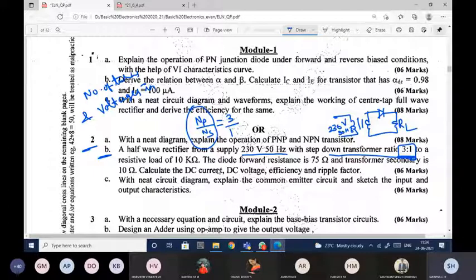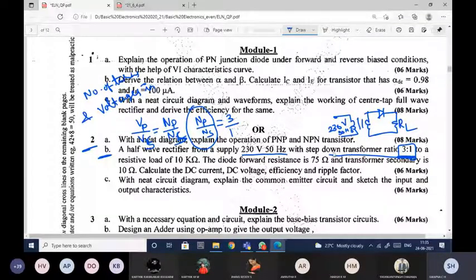Yes. So you don't remember? V1 by V2 is equal to N2 by N1. It is V1 by V2 is equal to N1 by N2. Let me name it as primary and secondary so that it will be easy. VP by VS is equal to NP by NS. This is the relationship. So we'll use that relationship.